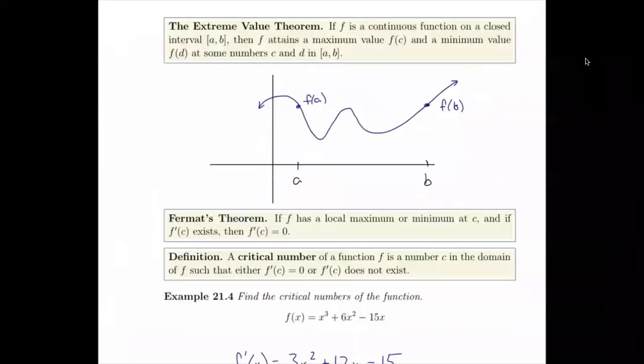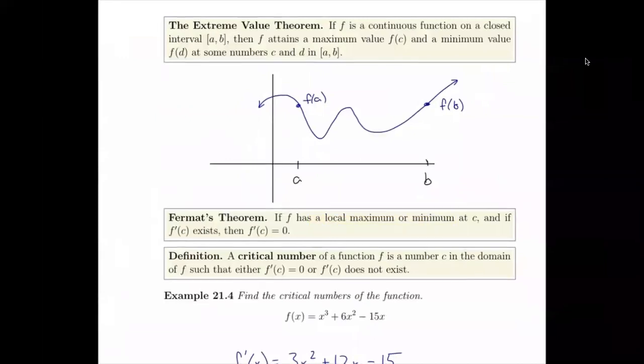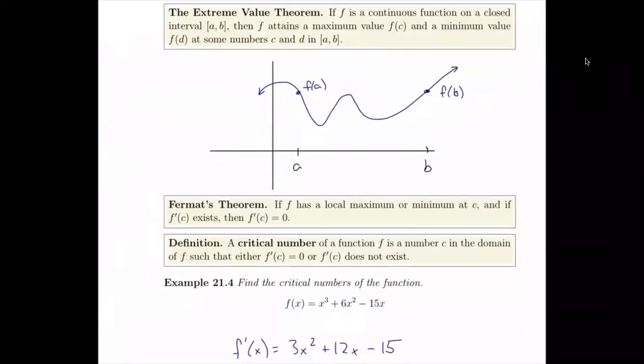Furthermore, if f has a local maximum or minimum at c, and if f is differentiable at c, in other words, f prime of c exists, then f prime of c must be equal to 0. So if this were c, and f was a local maximum, then it's necessarily the case that the derivative at this point is equal to 0.